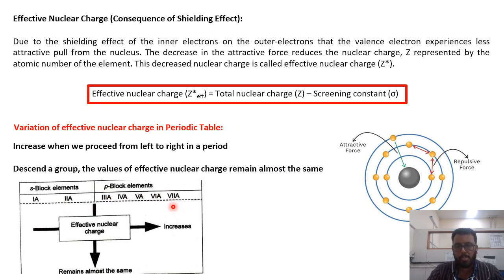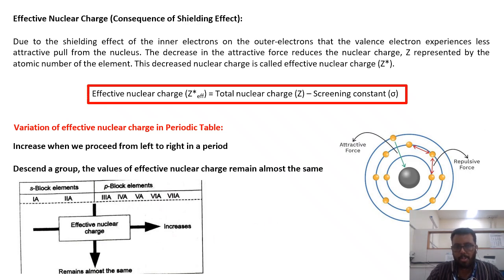So 7 groups are present in a periodic table. Now look at this variation of the effective nuclear charge. Effective nuclear charge increases across the period, but when you descend a group, the values of effective nuclear charge remain almost the same. This trend you have to understand.